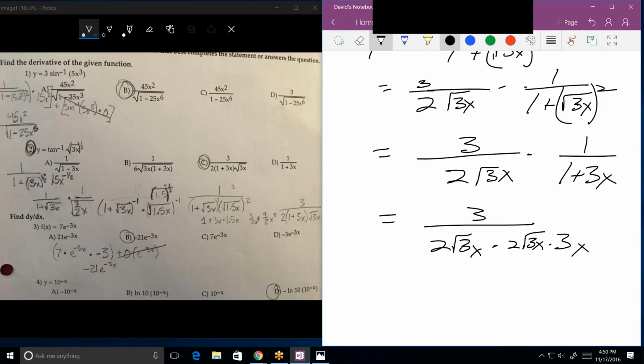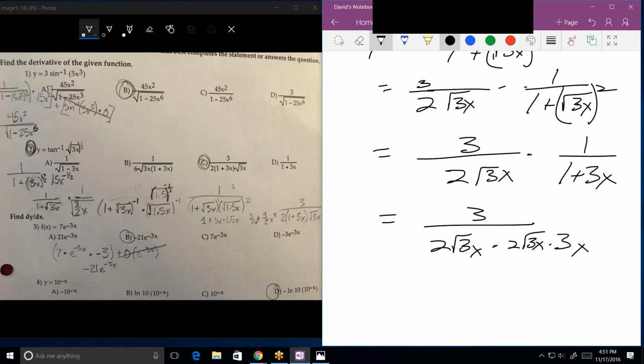I think I did that correctly. And now the 3's cancel. No, they don't. Oh, a terrible time to fall asleep right before a calculus session.